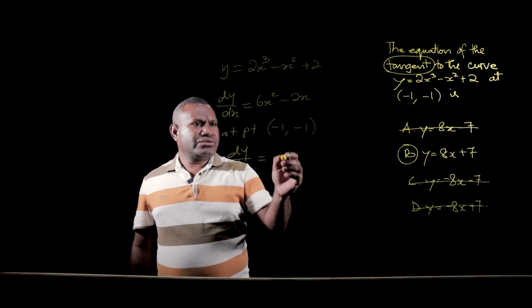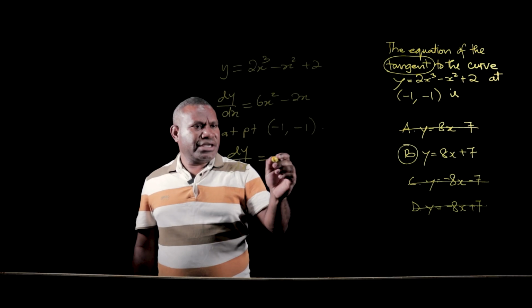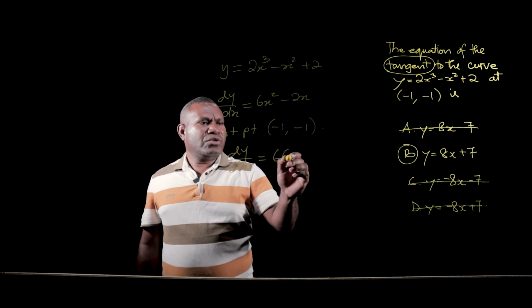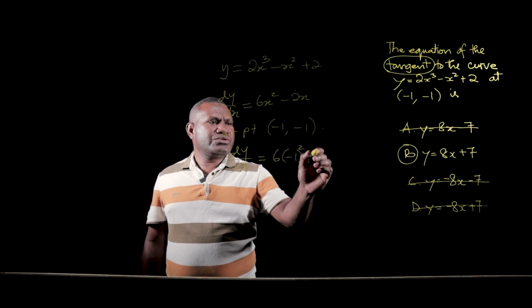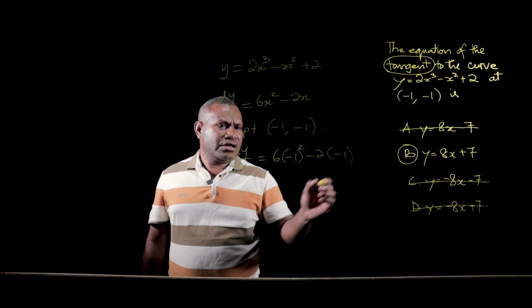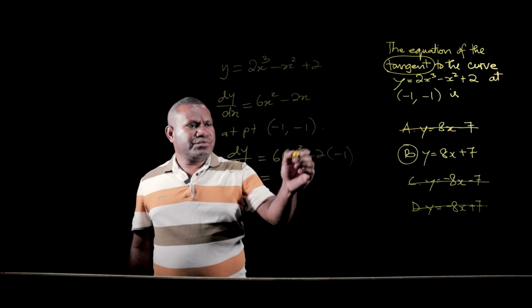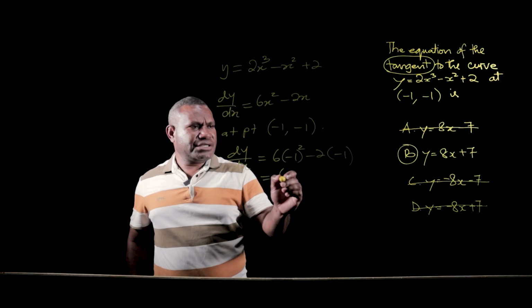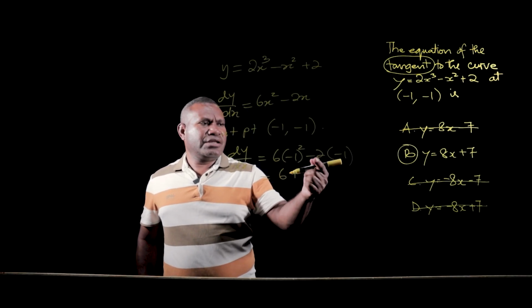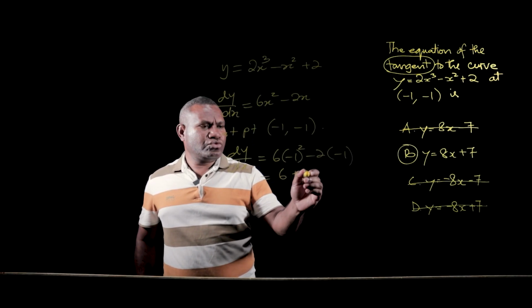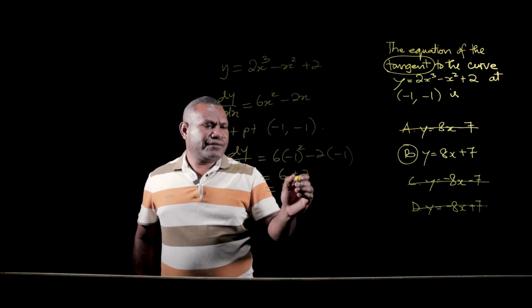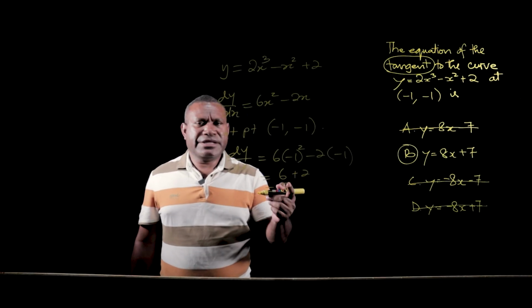So 6 multiplied by -1 squared minus 2 multiplied by -1. Therefore, we get +1 times 6 is 6, plus -2 times -1 is 2. So we have the gradient 8.